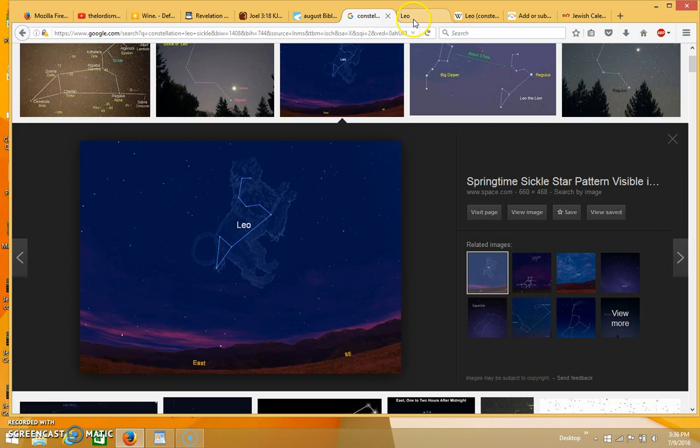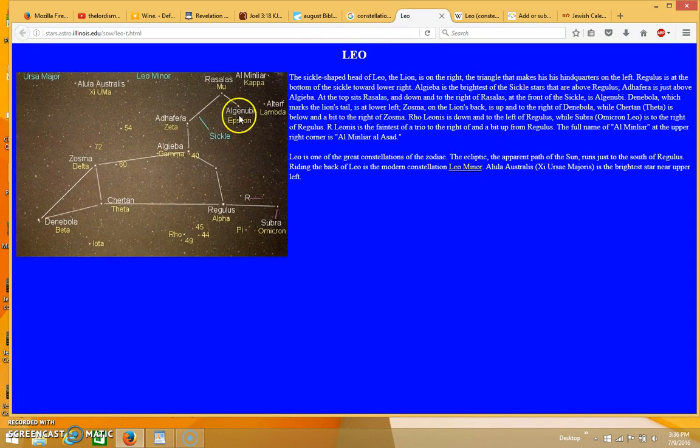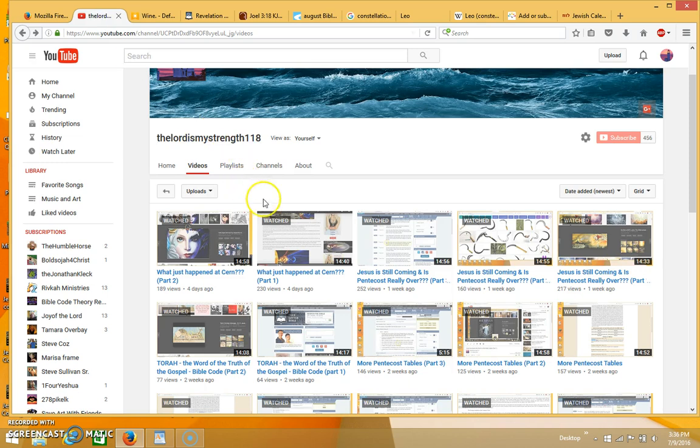And what I wanted to point out about the constellation Leo is this part right here, which seems to form the shape of a sickle. And I thought that was significant because that's something I had talked about in this video over here.